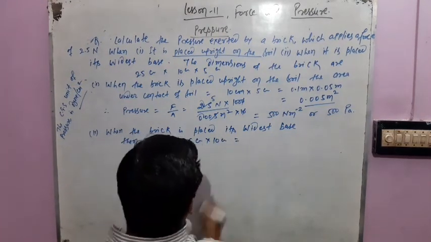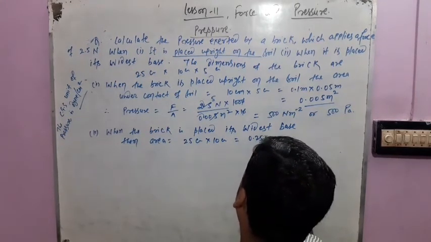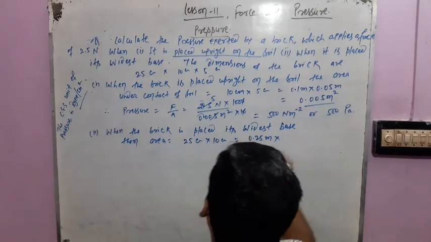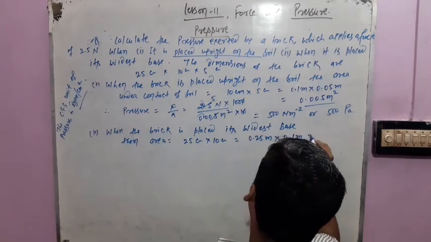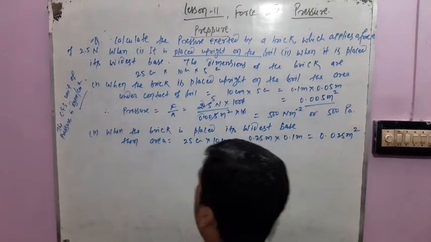Now again both we have to convert into meter. So here it is 0.25 meter and here it is 0.1 meter. So 0.025 meter square. That is the area.